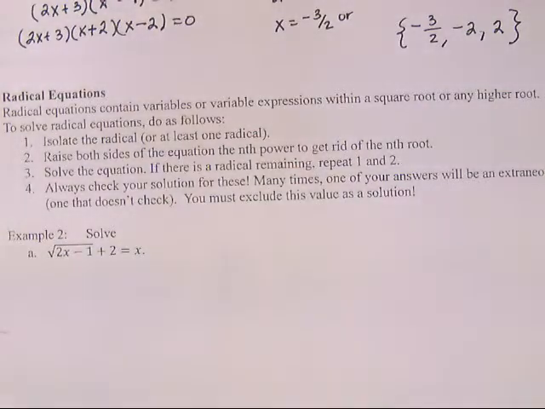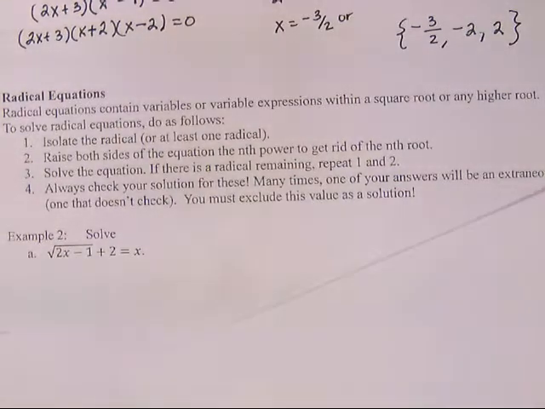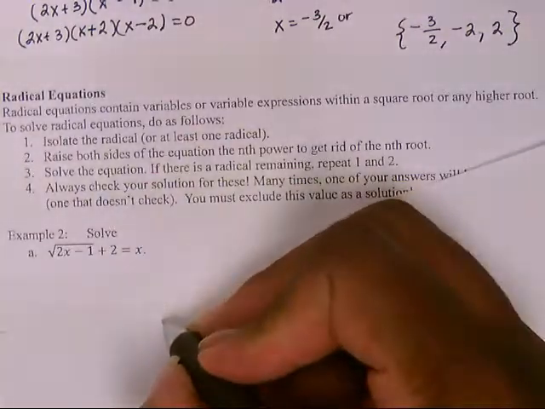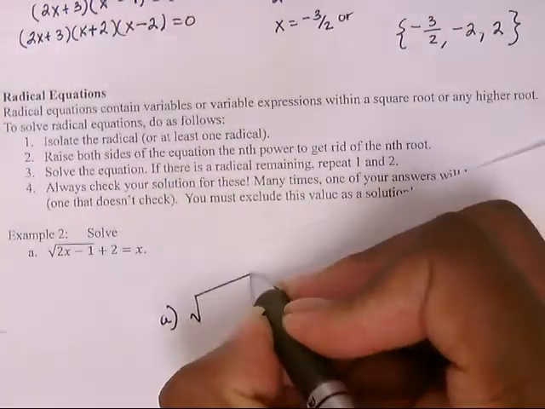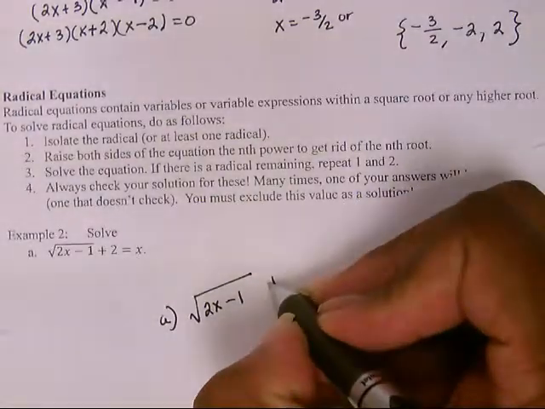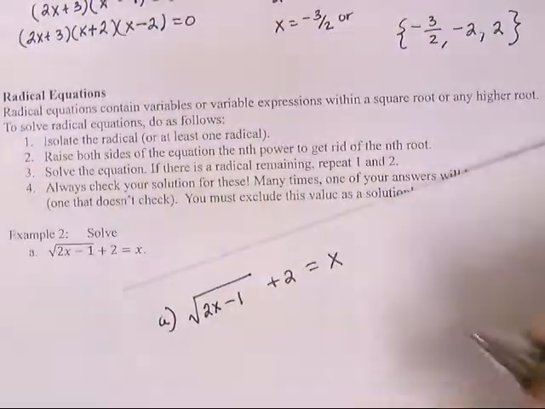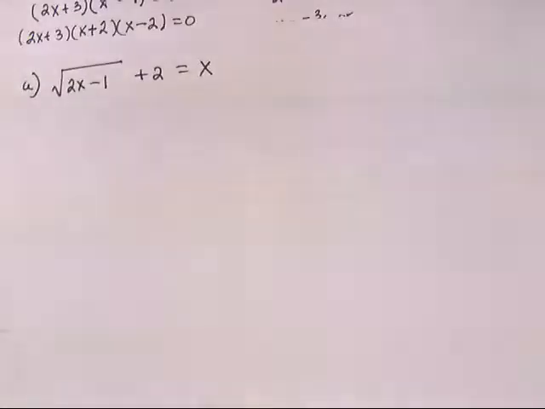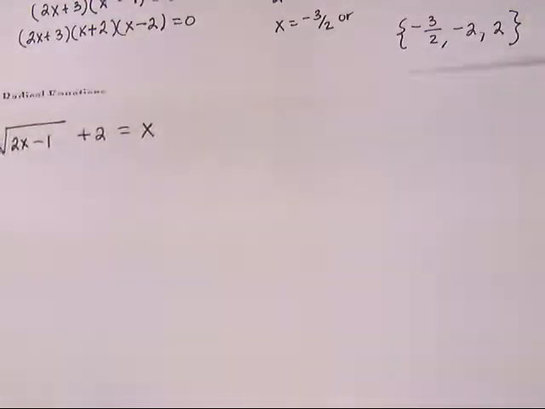So let's look at example 2, part A, and I'm going to do this on a separate sheet. Here you got the square root of 2x minus 1, and then we got plus 2 on the outside, equaling x. So here we're going to solve this particular radical equation.